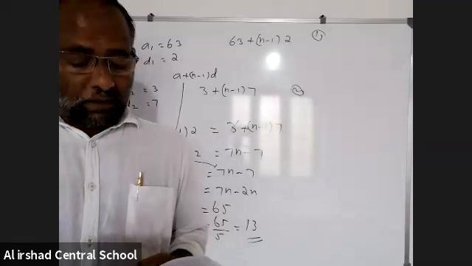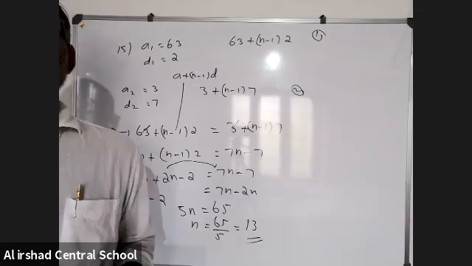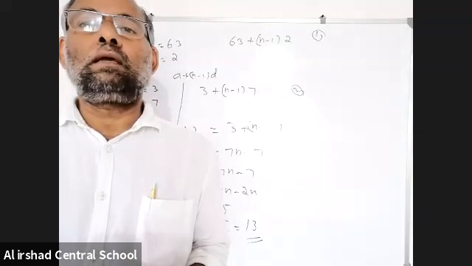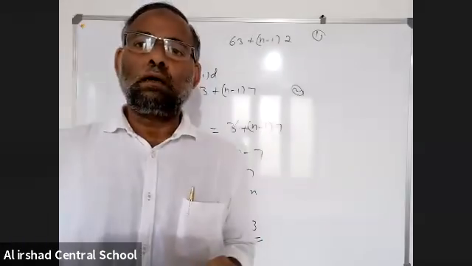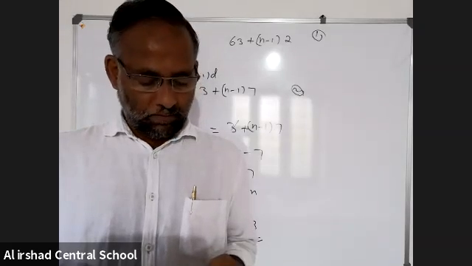Anybody can read the question? Determine the AP whose third term is 16 and the seventh term exceeds the fifth term by 12. Okay, fine. We know the third term, we know the formula, a plus (n minus 1) into d.